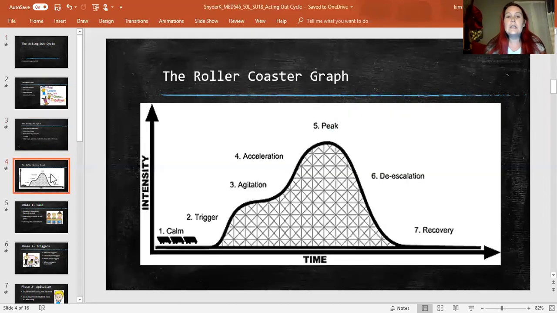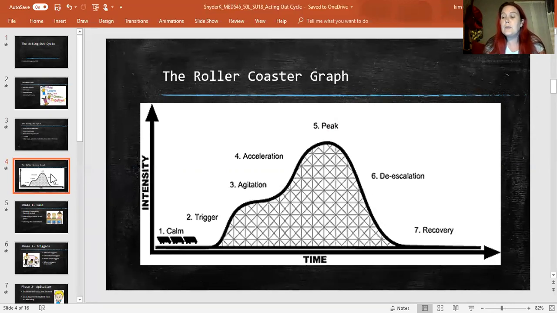What we're about to look at here is the roller coaster graph. It represents the acting out cycle of behavior. The student starts their day at calm and will remain at calm until a trigger propels the cycle into motion. Once a trigger occurs, the student will become agitated.